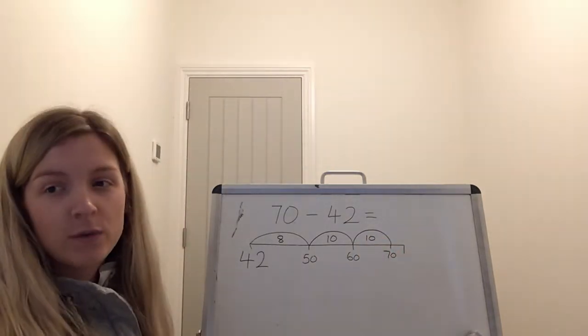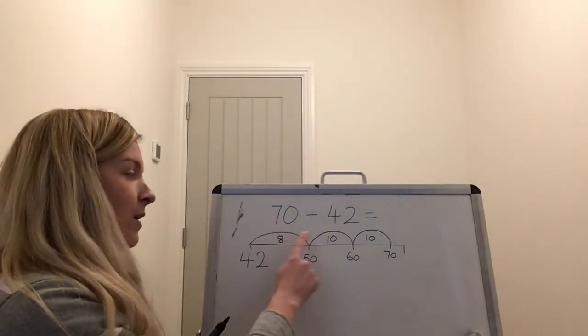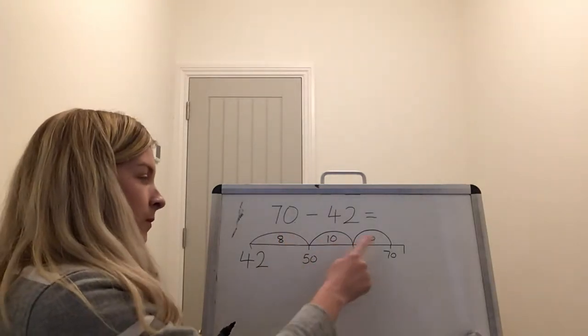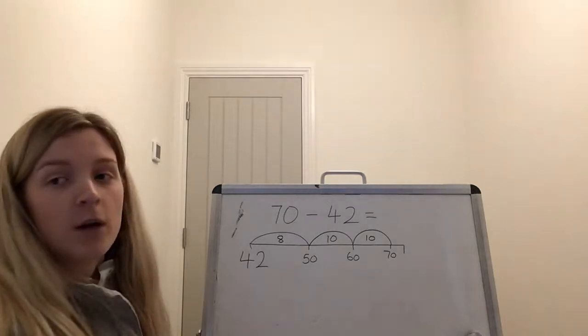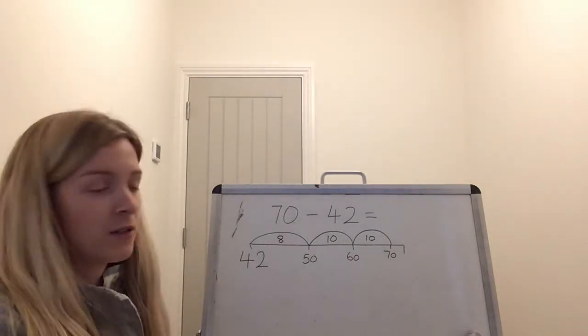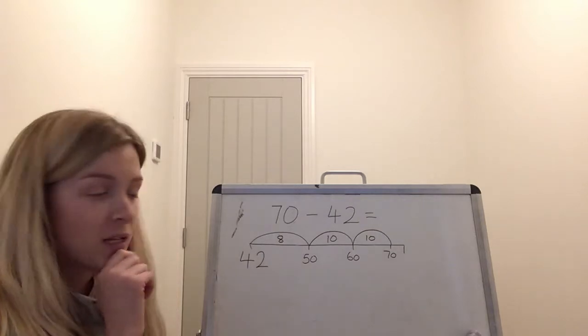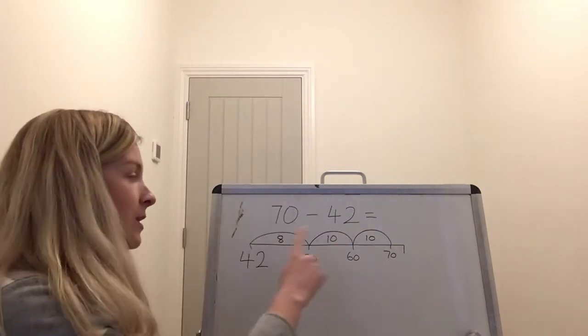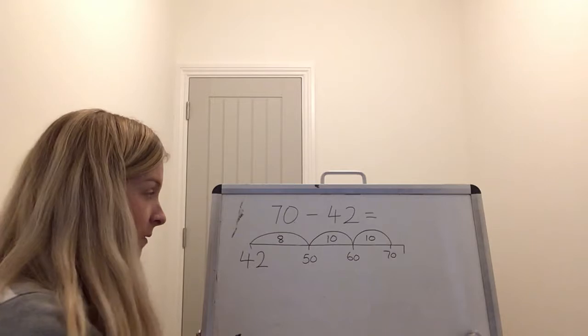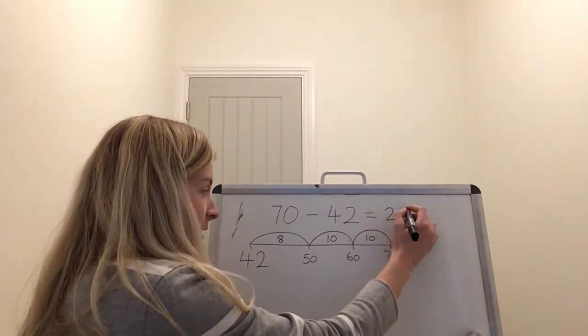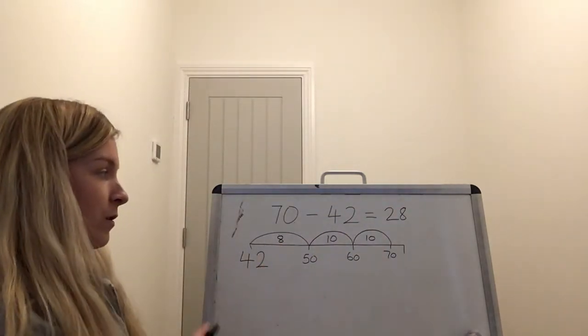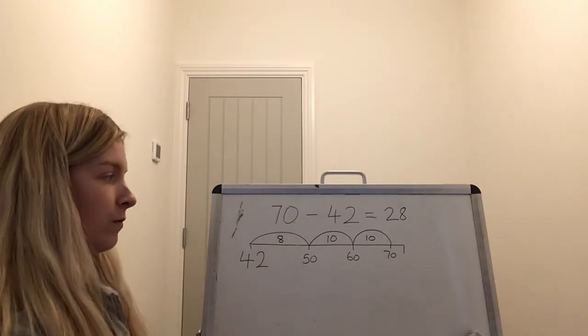Now, the final thing that I have to do is I have to count how many I've jumped to get me my answer. So 10 add 10, 1 ten add 1 ten is 2 tens, so that's 20, 28. 28 is my answer. I've found the difference between 70 and 42.